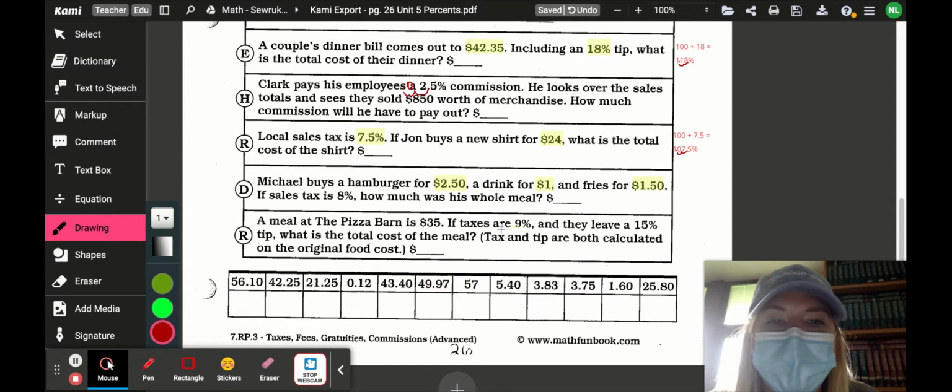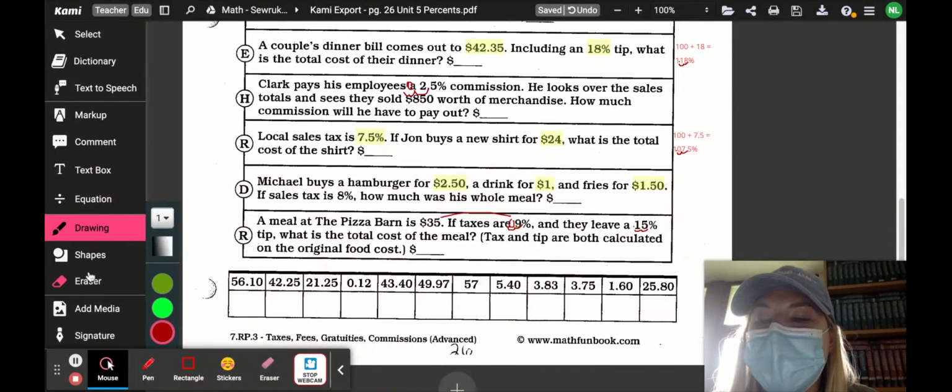So you got to first times this by 0.09. So you're going to multiply 35 by 0.09 and see what you get. Then you're going to multiply 35 times 0.15 and see what you get.